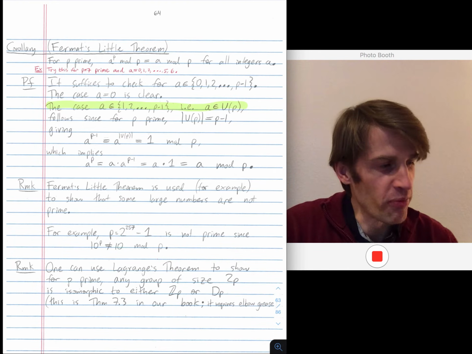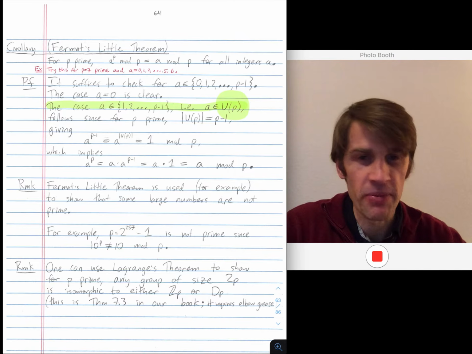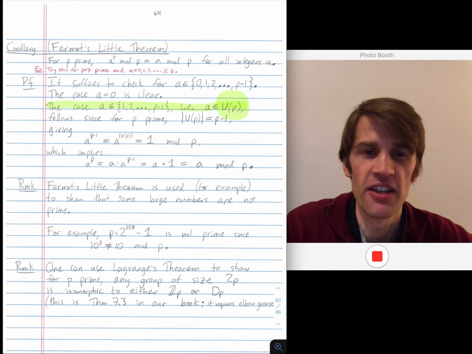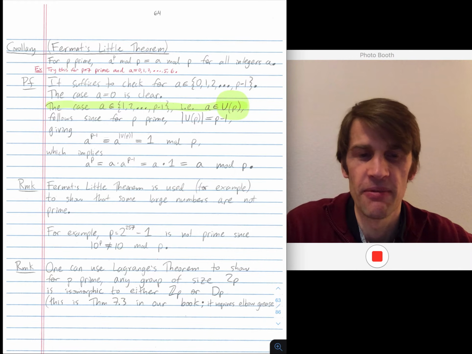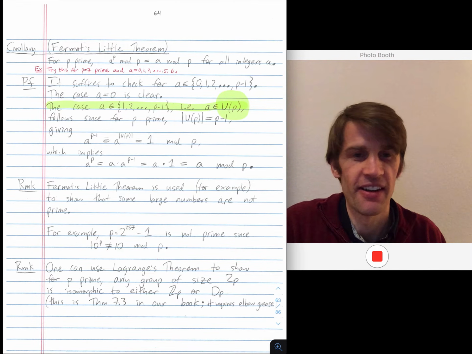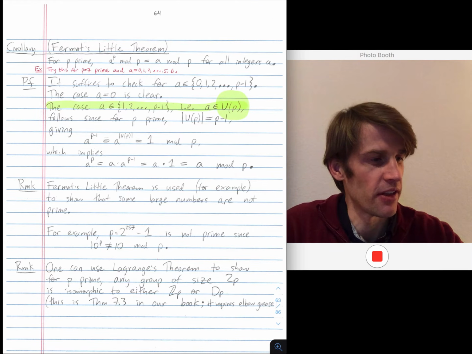What is U of P? U of P is the group of units mod P. It's all the numbers from 1 up to P minus 1 relatively prime to P. Since P is prime, U of P is the entire set 1 up to P minus 1, because every number up to a prime is relatively prime to that number.